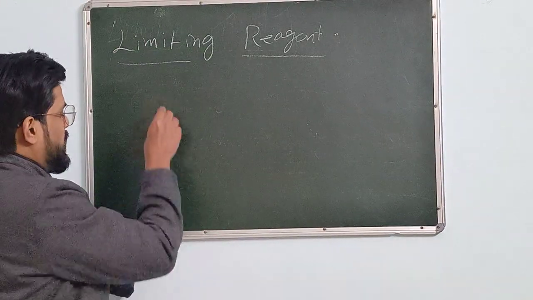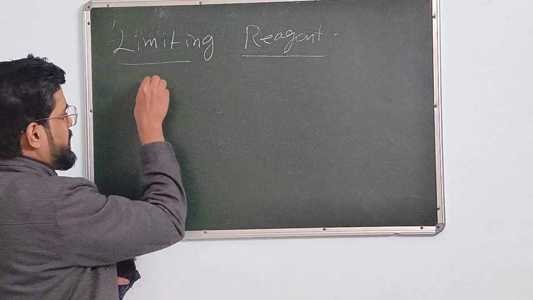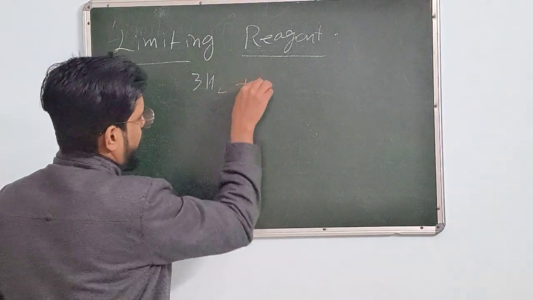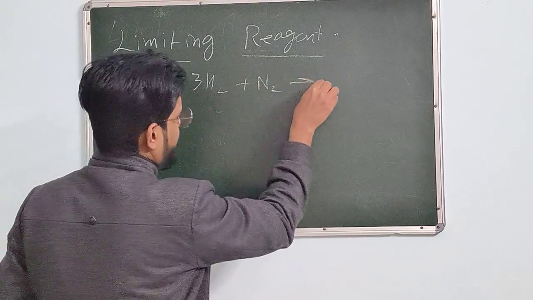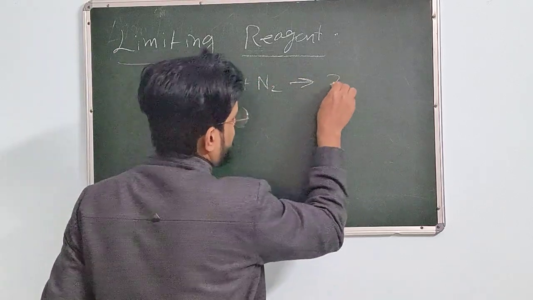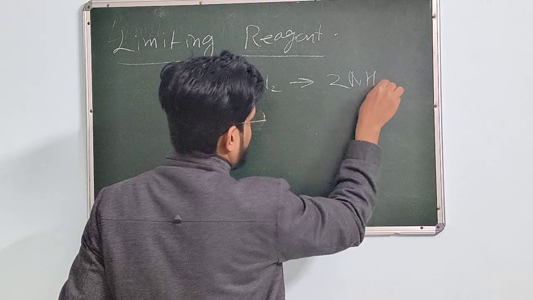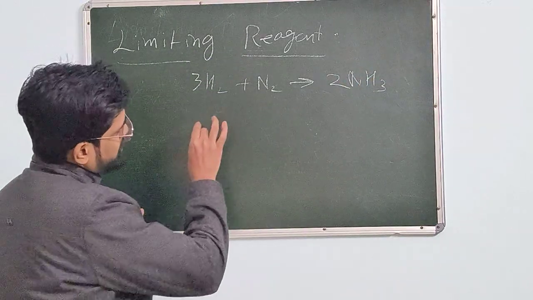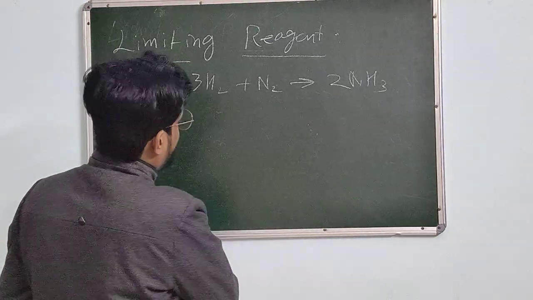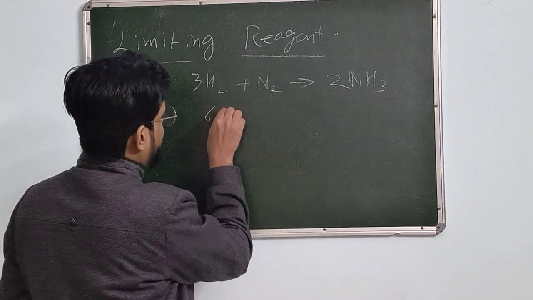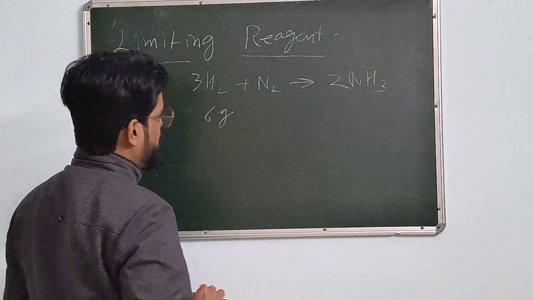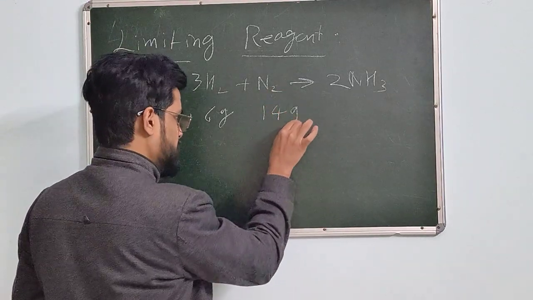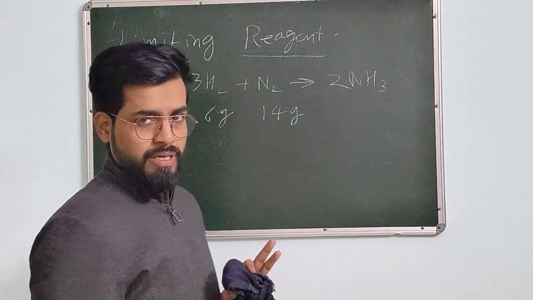For example, if 3H2 and N2 are given to you, giving 2NH3, and weights are given, say 6 gram H2 is given and 14 gram N2 is given.